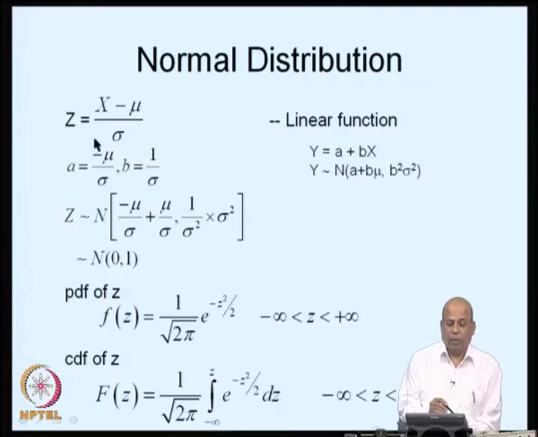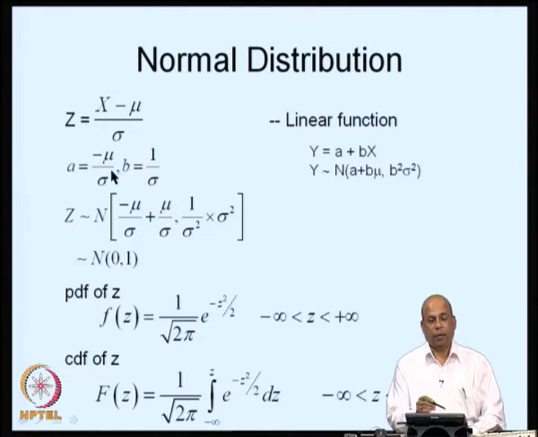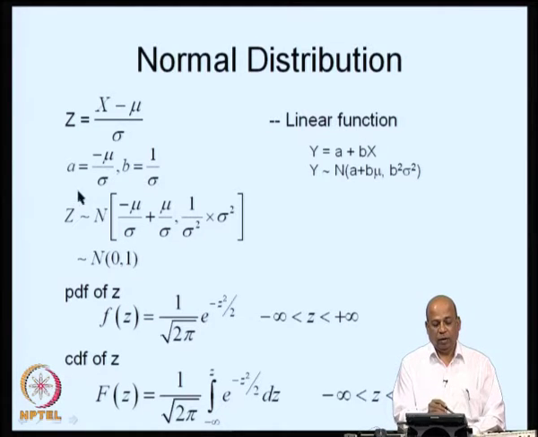So, look at this transformation, z is equal to x minus mu over sigma. This is a linear function, and from our earlier notation where we wrote y is equal to a plus b x, here a will be minus mu over sigma, and b is 1 over sigma.